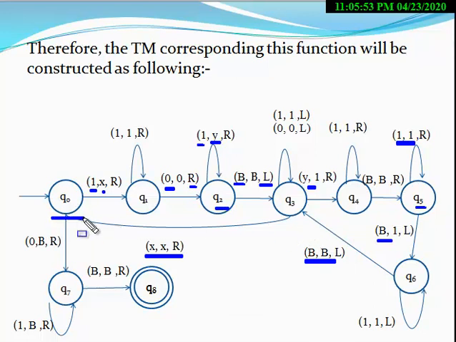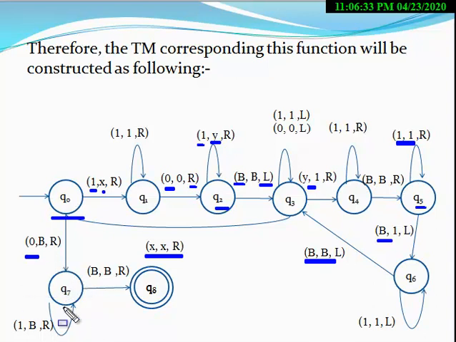As soon as the 0 tape symbol appears at the state Q0, the machine changes 0 to blank and moves in the right direction. At the state Q7, when 1 appears, 1 is converted into a blank and the machine moves in the right direction.